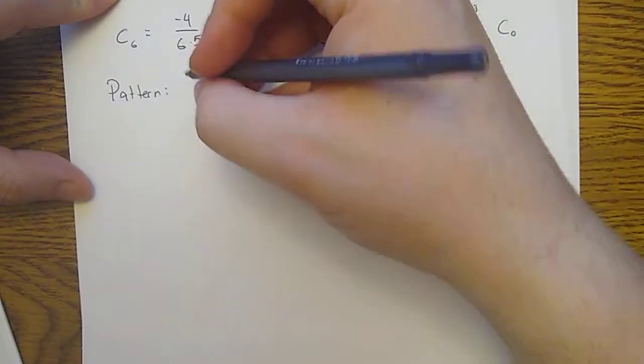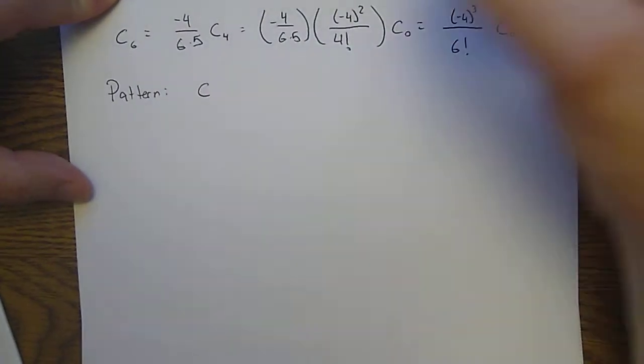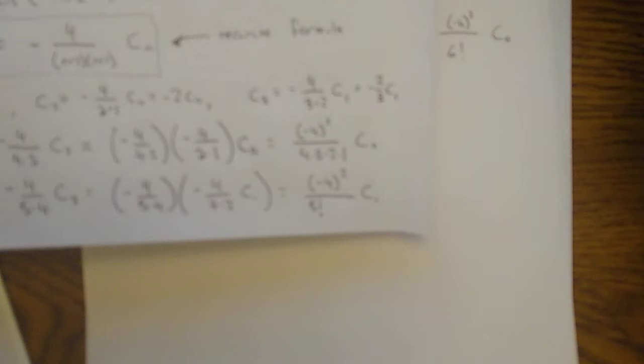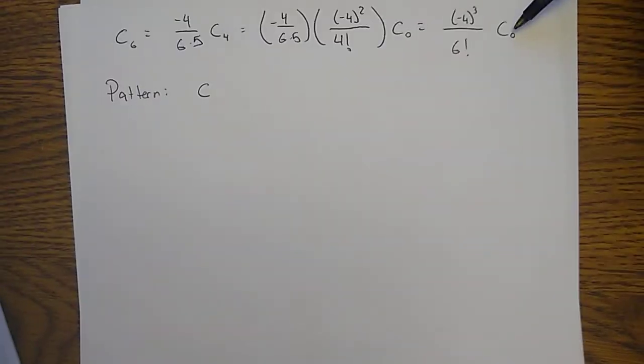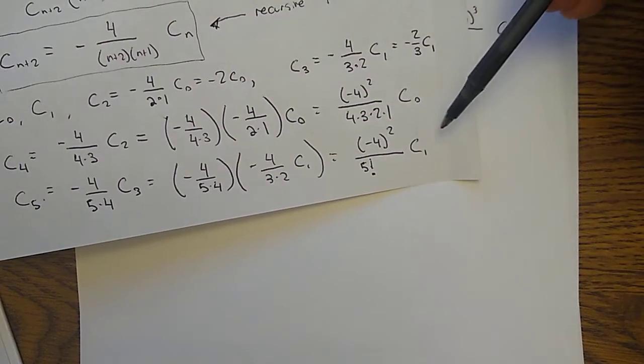So the pattern is, it's a different pattern for evens and odds, first of all. C6 has a C0 in it, C5 had a C1 in it.